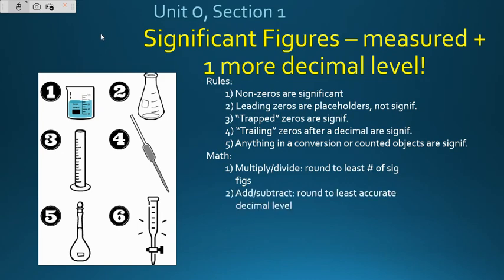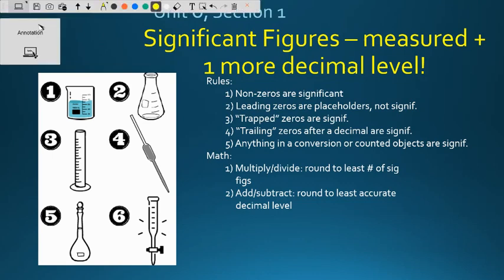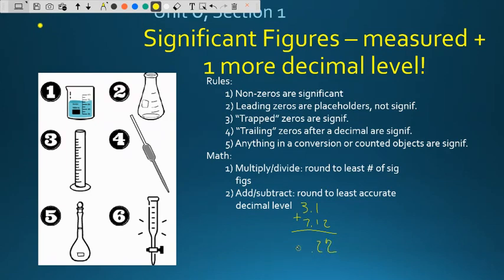And so then we have a different set of rules when we get to adding and subtracting, however. Because of the reliability of those numbers, the softness of those numbers, if you will, if we add together a 3.1 plus a 7.12, if I add that all up, I have a 2, and a 10, okay? So now this is saying that we round to the least accurate decimal level.